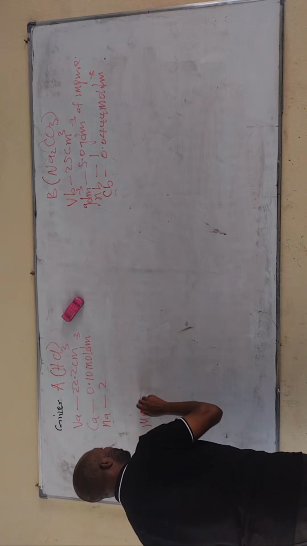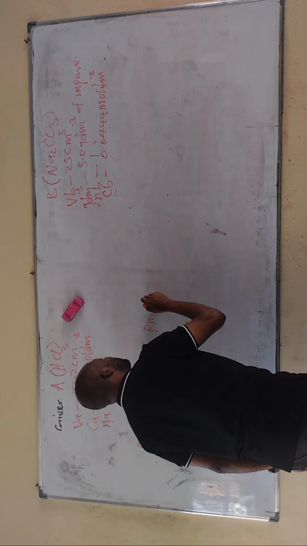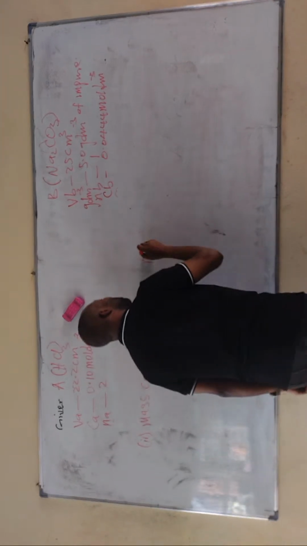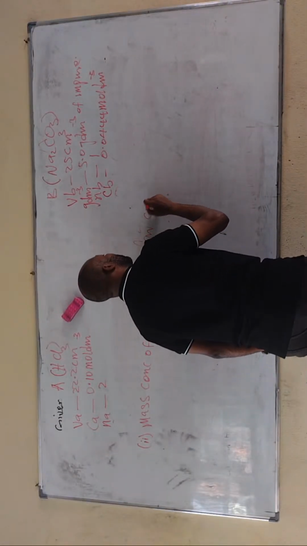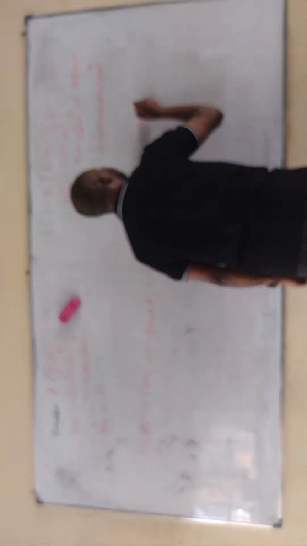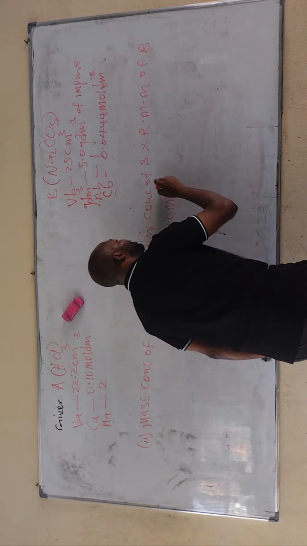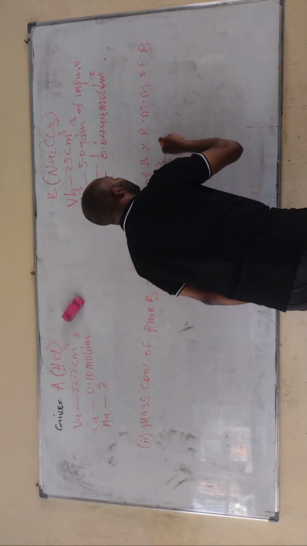Mass conc of pure B equals molar conc of B times relative molecular mass of B. The molar conc of B is 0.0444 mole per dm cube.